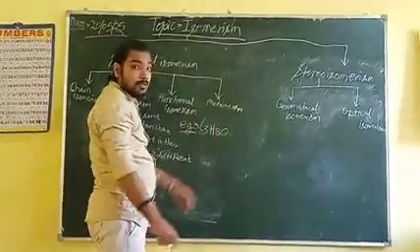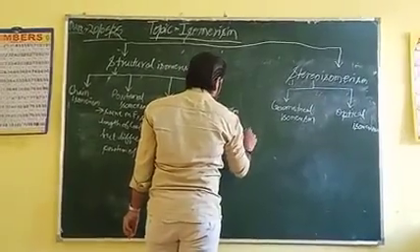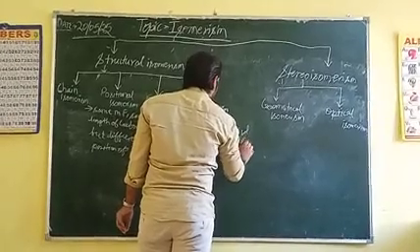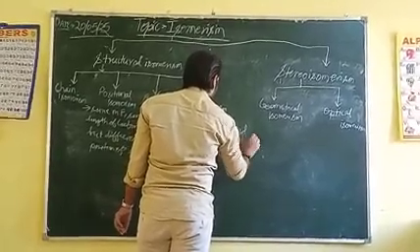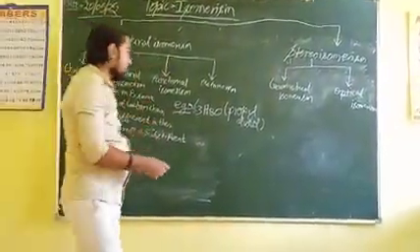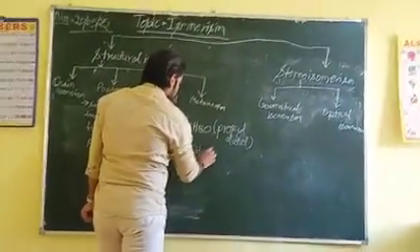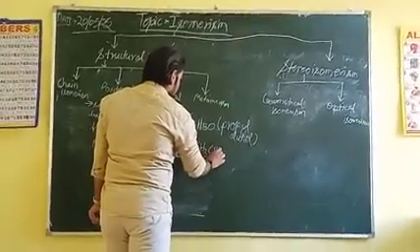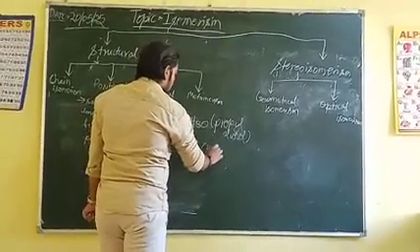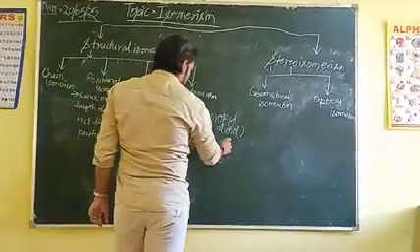That is propyl alcohol. There are two isomers. We take CH3, CH2, CH3, O.